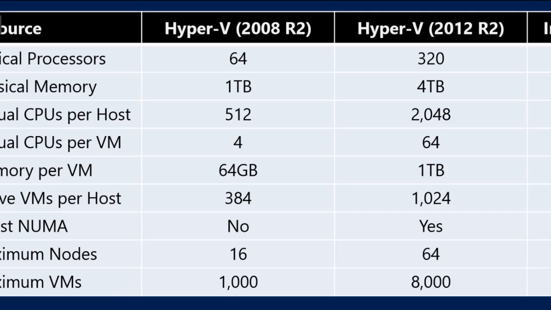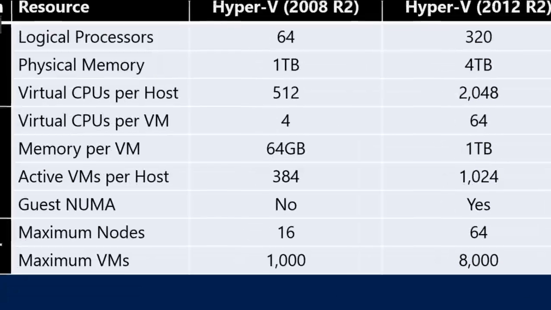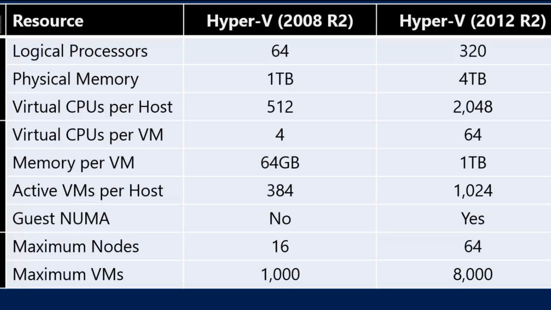When we think about memory and virtual procs per VM, going from 4 to 64 is a huge scale increase. We're also introducing guest NUMA, so that physical hardware topology matters. If you've got loads of processors and lots of memory, the NUMA topology of the physical host is important for where we run workloads most optimally and make use of memory local to a processor. That's an important consideration in the physical world.